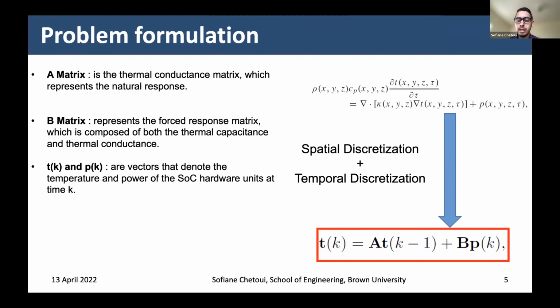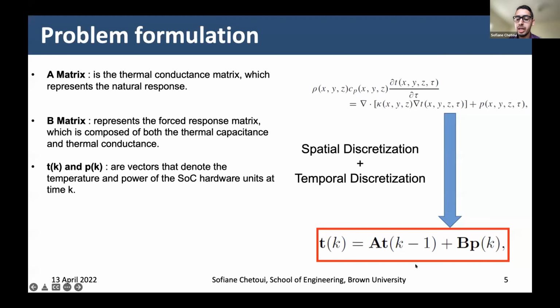The T_k and P_k are the vectors that denote the temperature or the power of the SoC hardware units. So let's say if you have 4 units, then T_k would be a 4x1 vector. Each value represents the temperature of each one of the hardware units. And the same for P_k: each one of the values represents the power of each one of the hardware units.